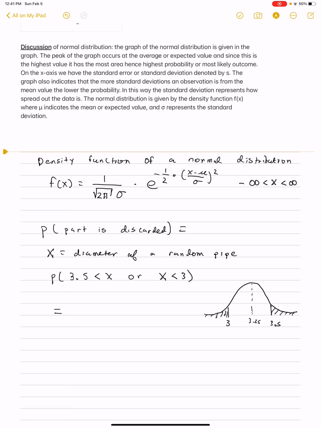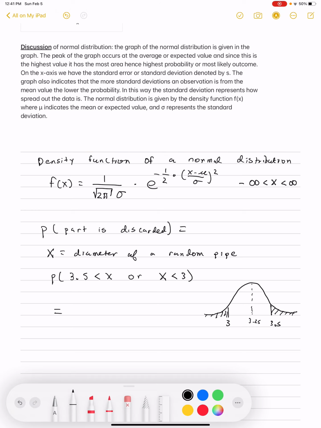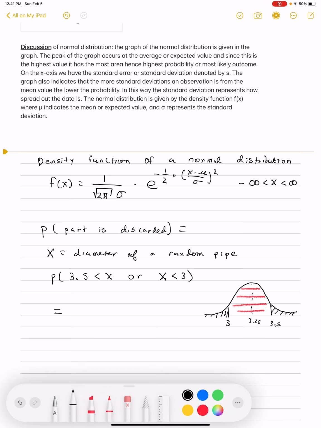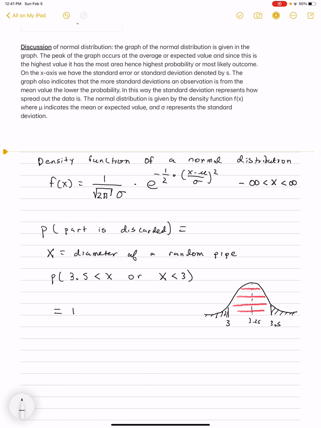The complementary part of this graph is not the tails, but the middle part. So I could calculate 1 minus, and it's purely a matter of style, if you prefer to calculate the probability of the tails, or 1 minus the middle. And the middle is that x is bigger than 3 inches and less than 3.5 inches.